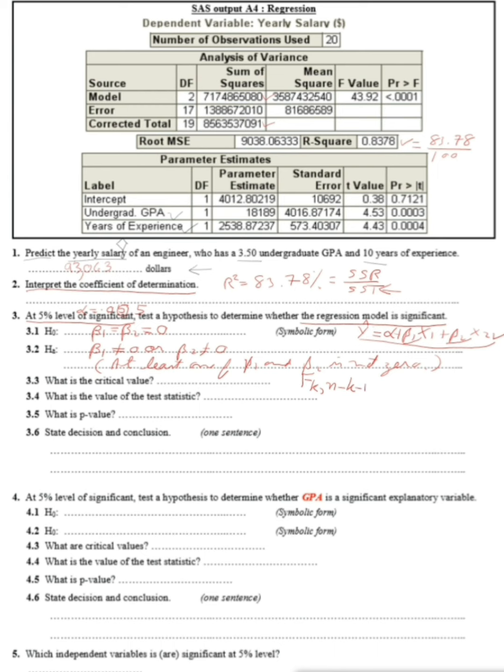So n is 20 here, k is 2, 20 minus 2 minus 1 is 17. So in the F table, column 2, row 17, and you read the table for 0.05.